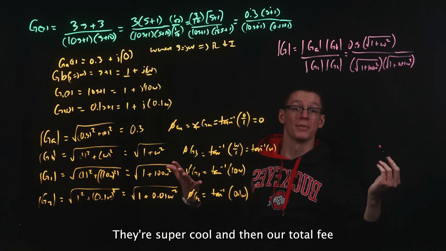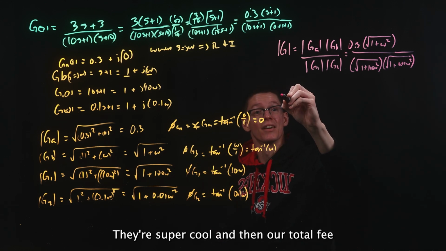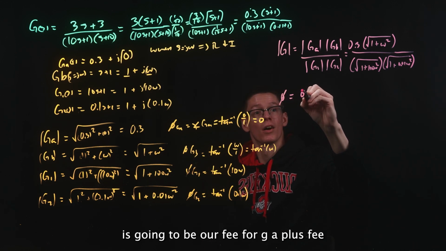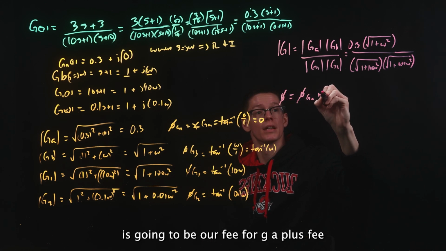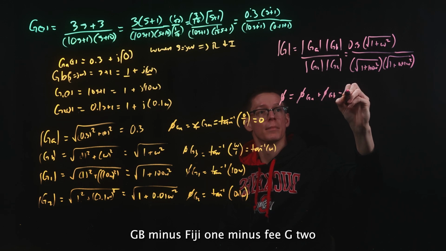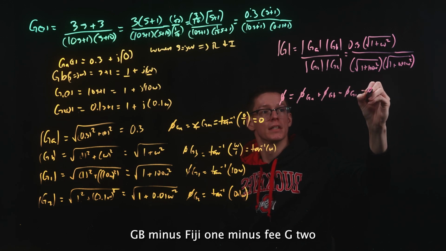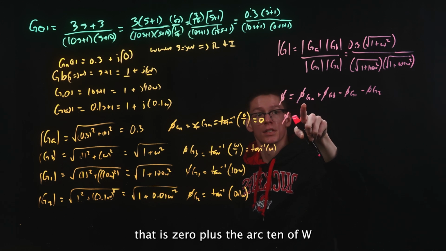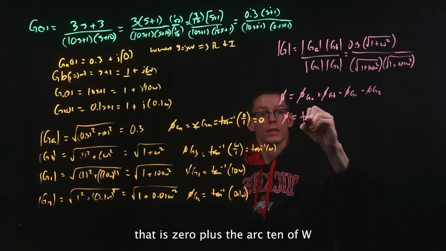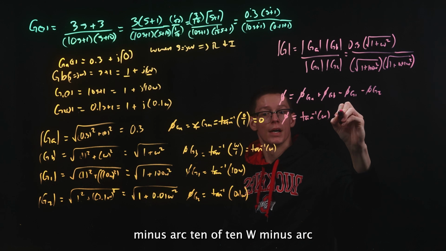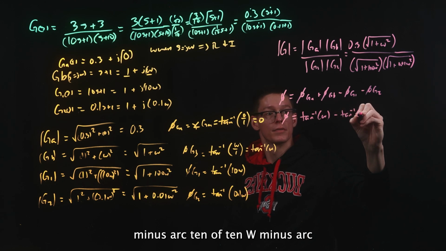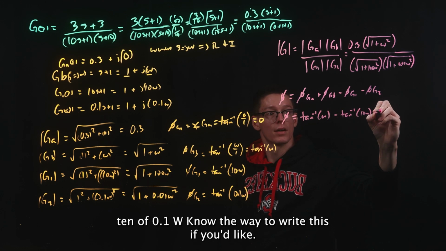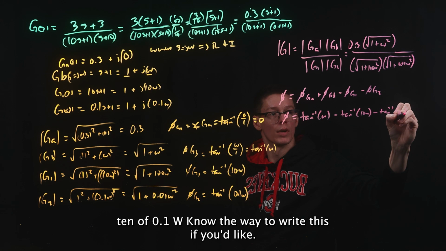Multiply through. Super cool. And then our total phi is going to be our phi for GA plus phi GB minus phi G1 minus phi G2. That is 0 plus the arctan of w minus arctan of 10w minus arctan of 0.1w.